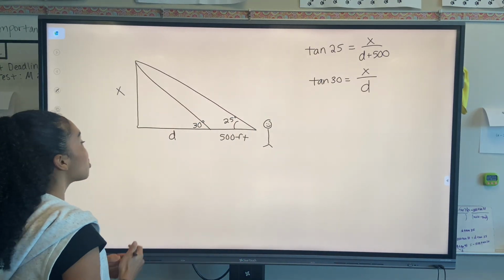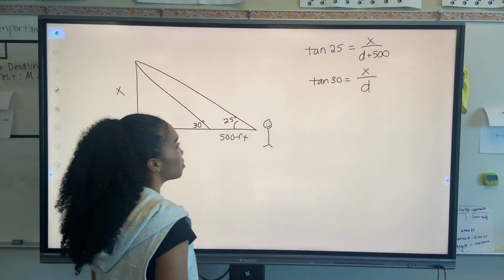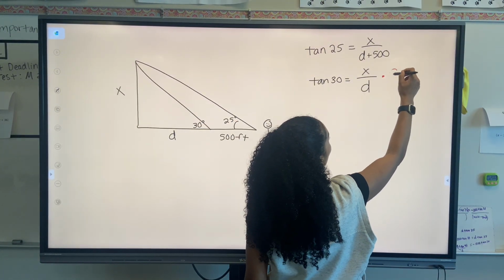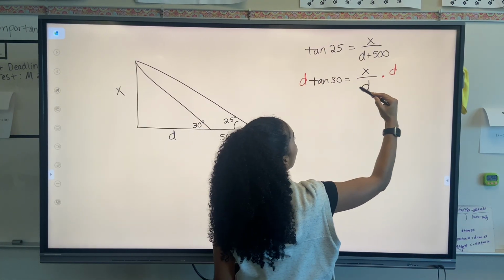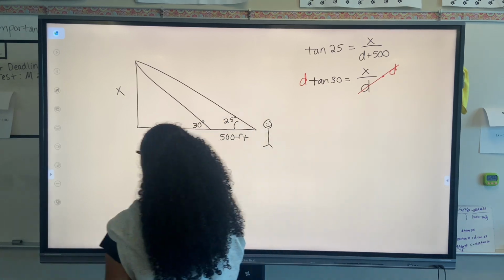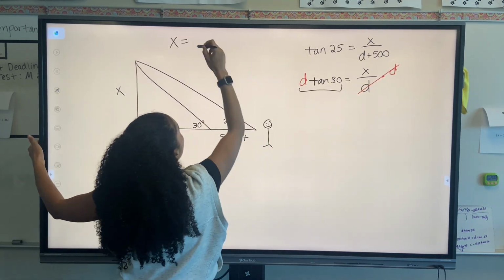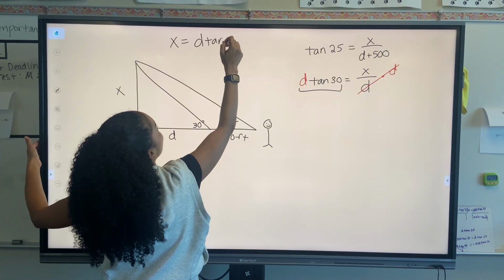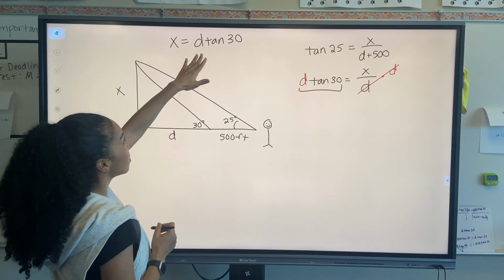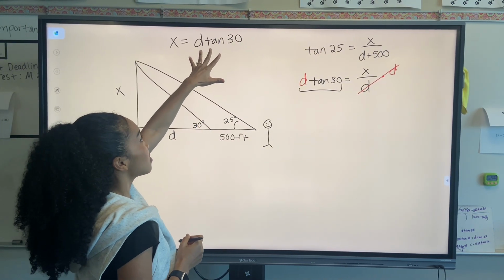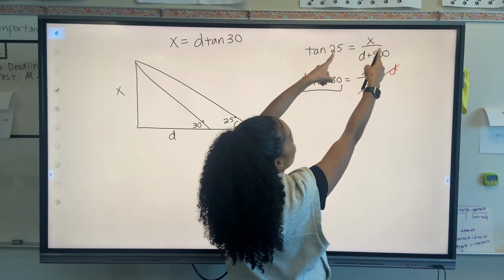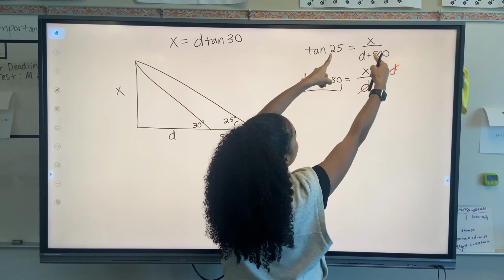Okay, so I'm going to go ahead and solve for x. So I'm going to multiply both sides by d, and those cancel out. So I know that x is equal to this right here, d tan 30, okay? We're going to use this and substitute it into my other equation.